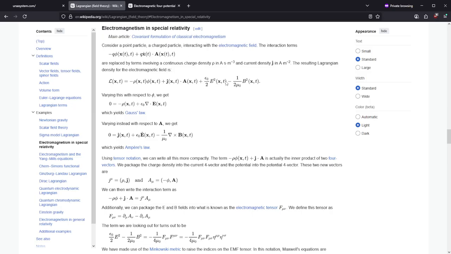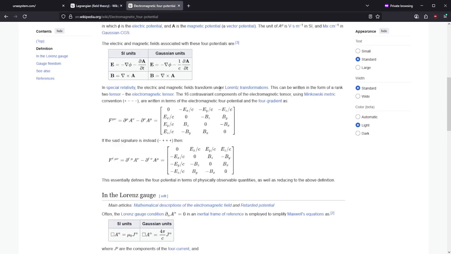And so this is the Lagrange density, and you derive equations of motion by taking derivatives of the Lagrange density with respect to some elements of that 4 potential. And then where the electric and magnetic fields come in is that they're defined in terms of the 4 potential.